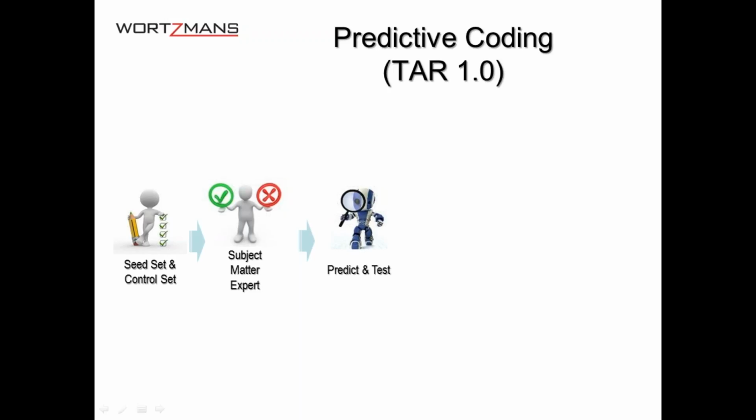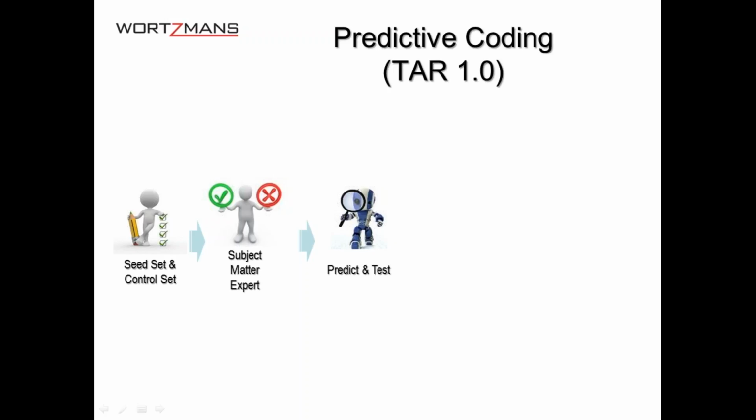So for every one of those 50 documents in the batch, the system will predict ahead of time whether the subject matter expert will code them as yes, relevant, or no, not relevant. Once the subject matter expert finishes that batch, the system will compare its predictions to what the subject matter expert actually coded, and if they match, then the system says, okay, I'm done, I know enough, and I can make accurate predictions.